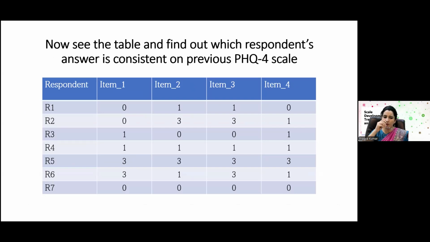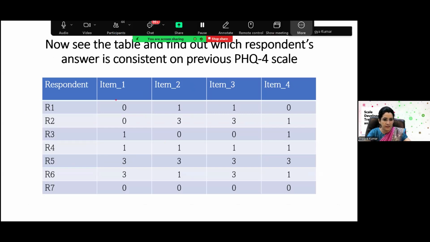So first see respondent number 1. If you focus, he is answering 0 on item 1, 1 on items 2 and 3, and then 0 on 4. Now see the next respondent. He is answering 0 on 1, 3 on items 2 and 3, and 1 on 4.